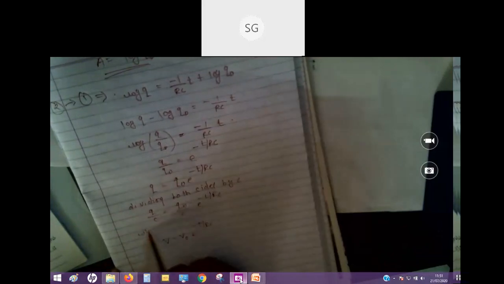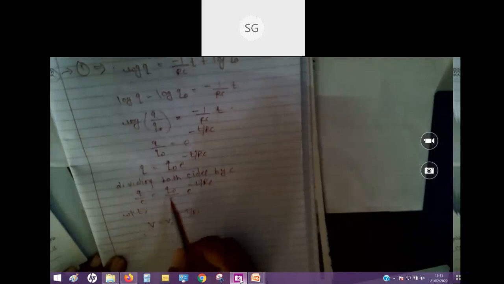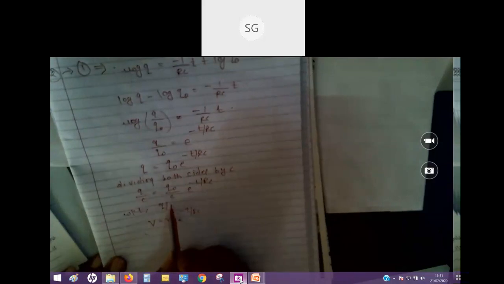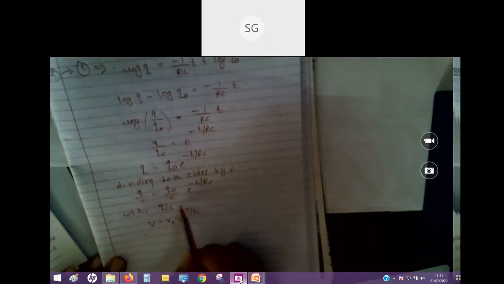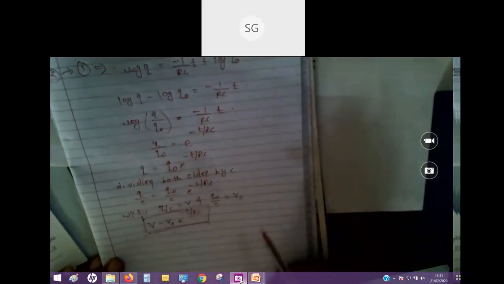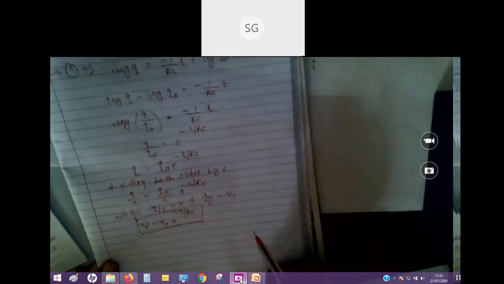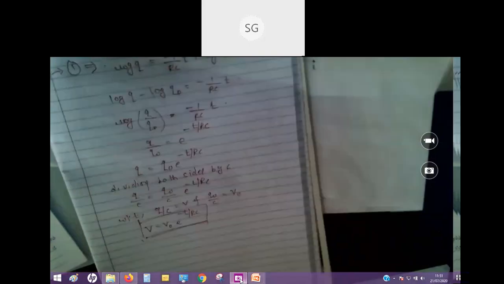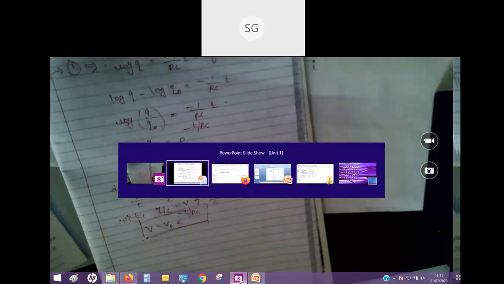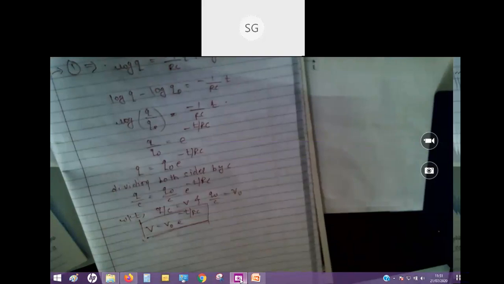And we know that q by C is equal to v, and q naught by C is equal to v naught. Hence we can say v is equal to v naught e raised to minus t by RC. Are you getting this? Please confirm.